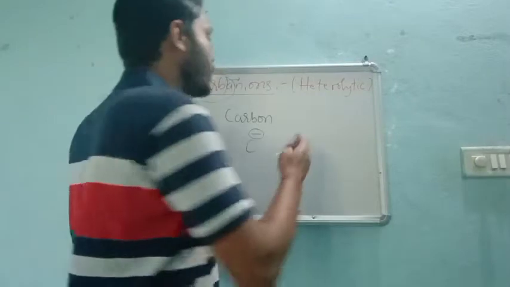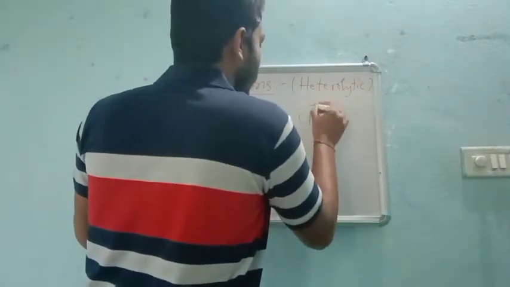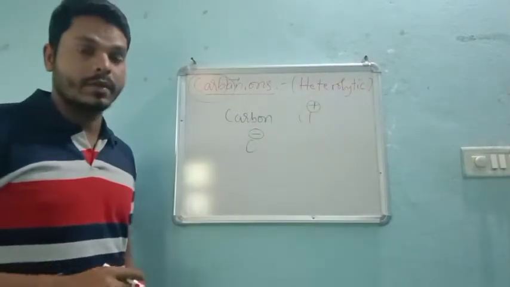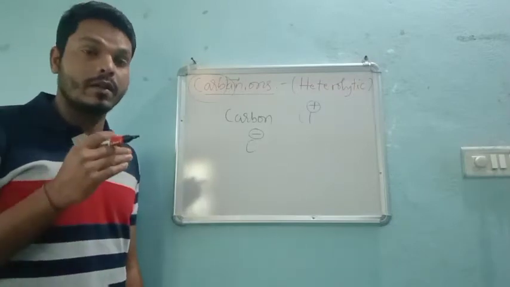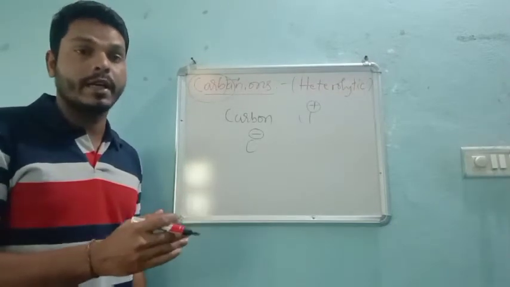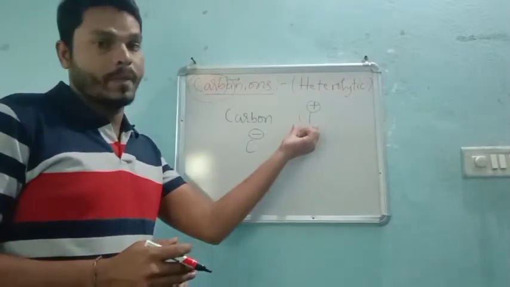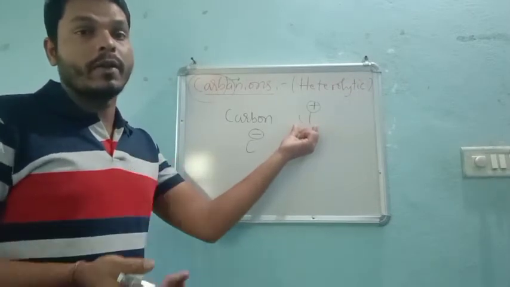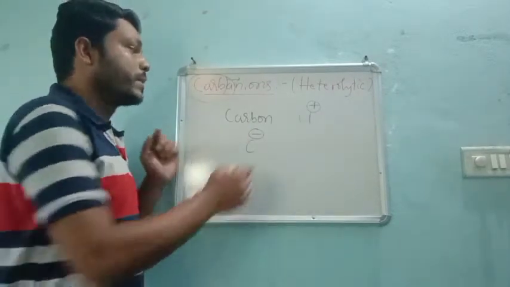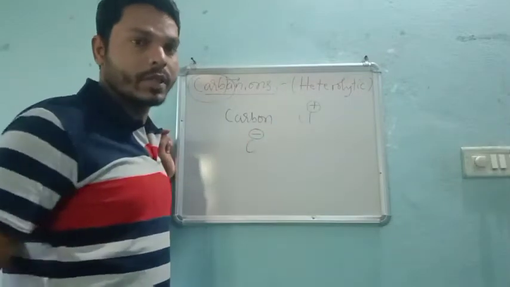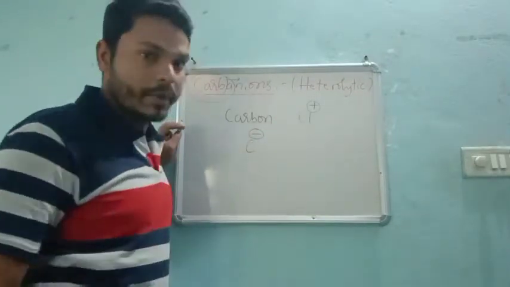Even sometimes Cl will get a positive charge in organic chemistry. It depends on the group or element attached to it. If a more electronegative element is attached beside it, then definitely it will get a positive charge. Again, here also the same case.